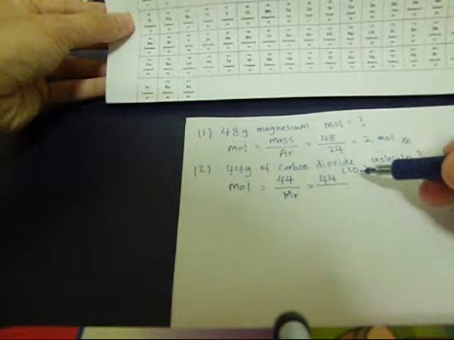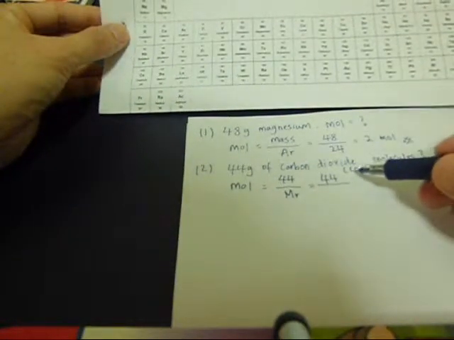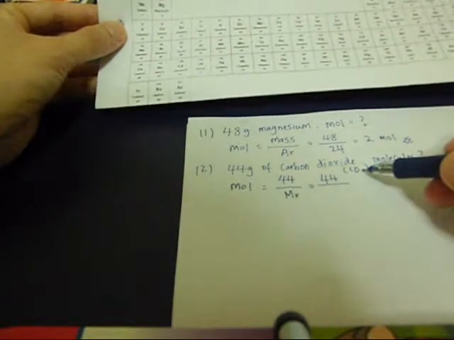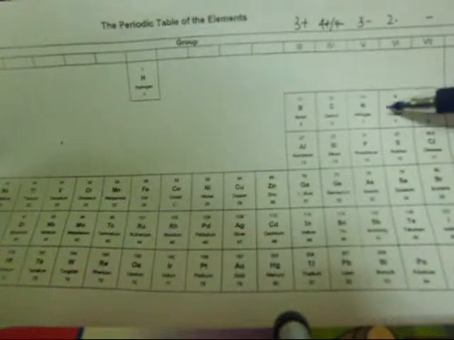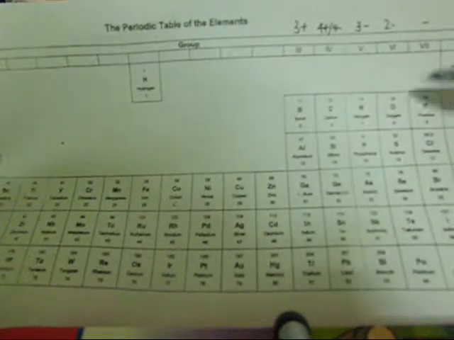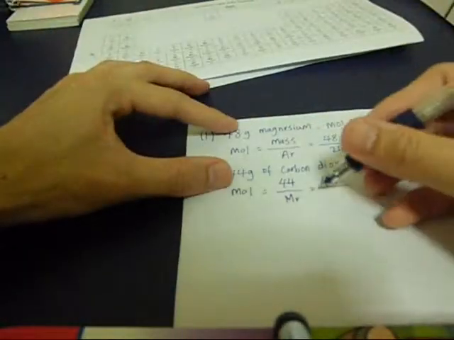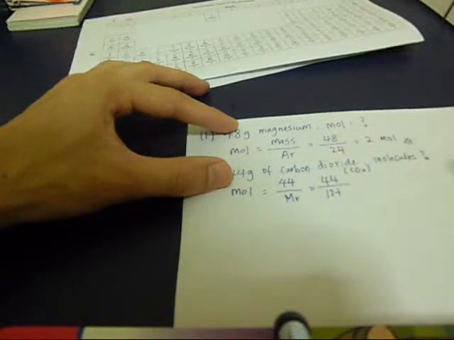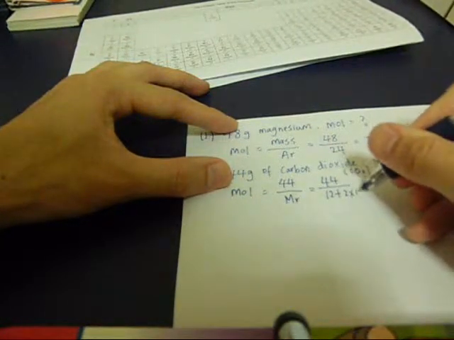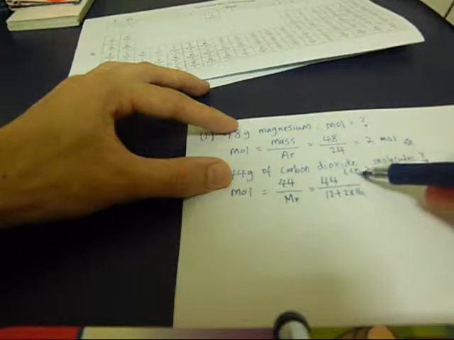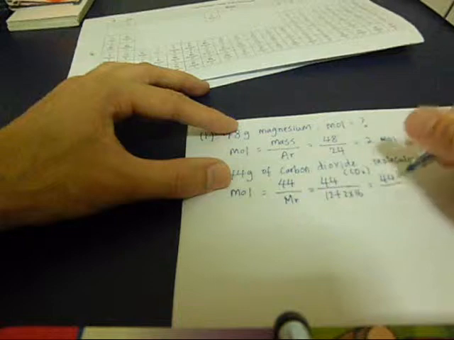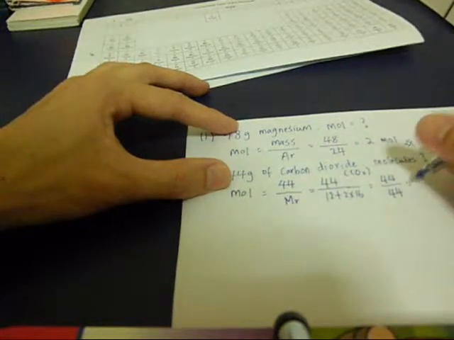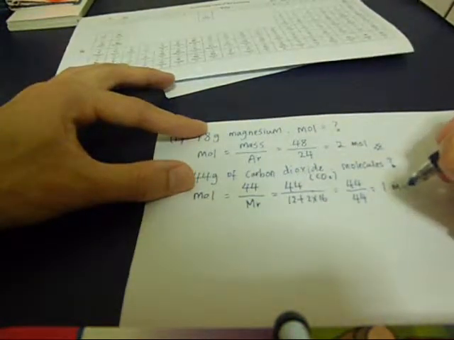To find the MR for CO2, you have to add up the AR for carbon as well as oxygen. The AR for carbon is 12 and the AR for oxygen is 16. So 12 plus 2 times 16, because there are 2 oxygen, gives you 44. 44 divided by 44, and the answer is 1 mole.